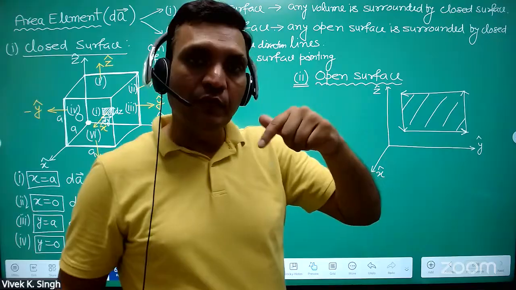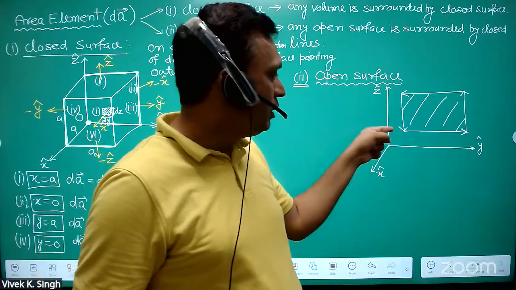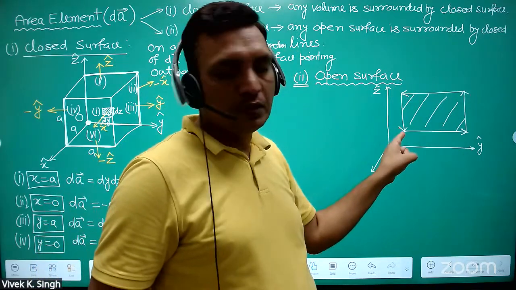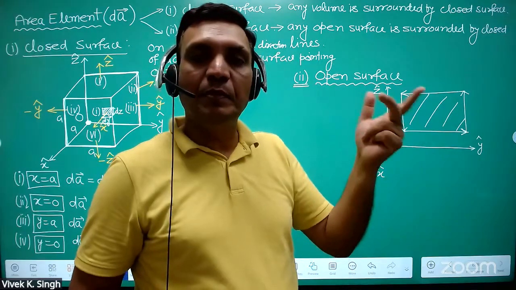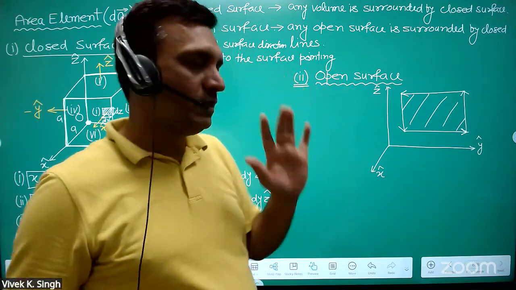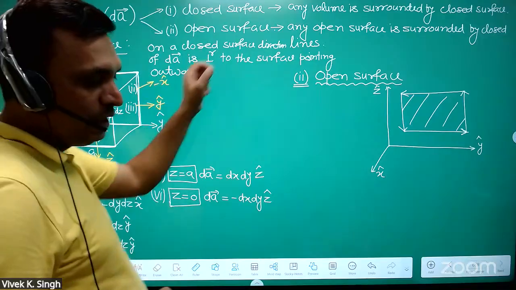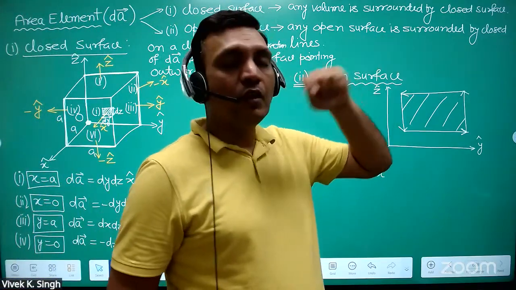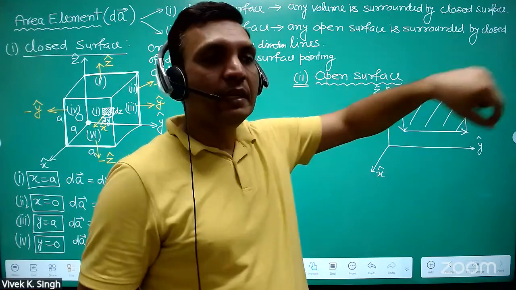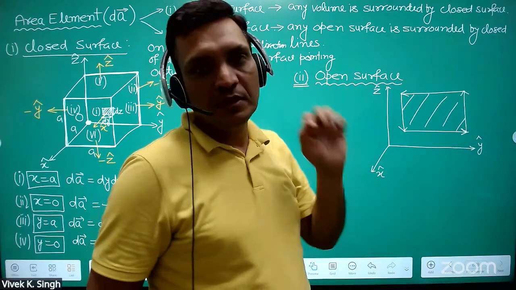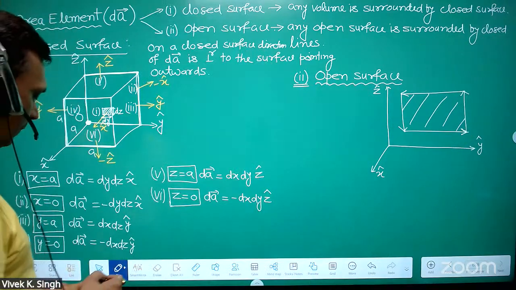And whenever an open surface is given, they will specify the direction of the closed line. It may be clockwise, it may be anti-clockwise. Is it clear that any open surface is surrounded by a closed line? You can always identify the closed line that surrounds the open surface. Okay?